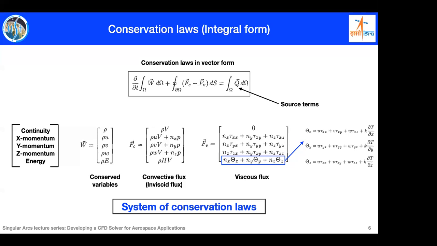The convective or inviscid flux has a simple form: the variable multiplied by velocity, and for momentum, pressure is added. Whereas for the viscous flux, we have all the shear stress components and normals, and the shear stress components have velocity gradients included in them.